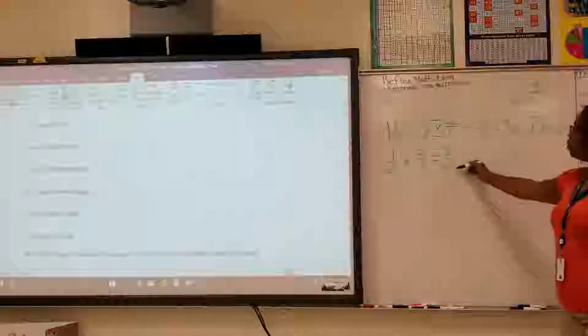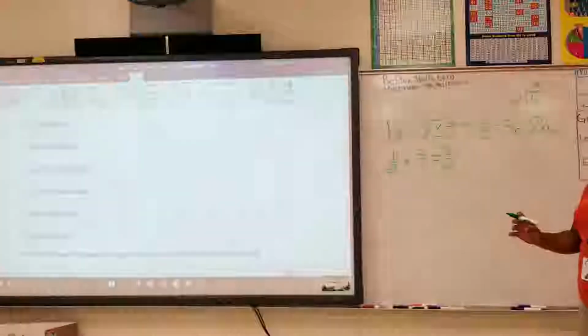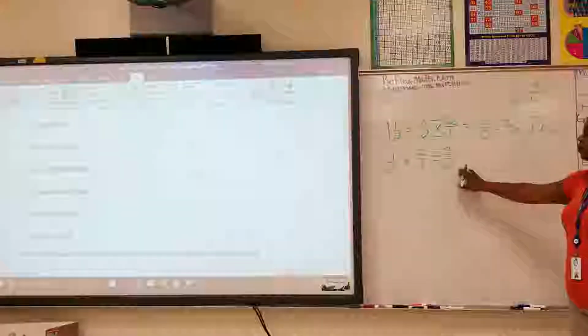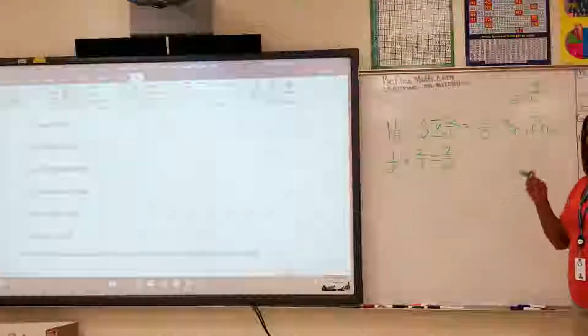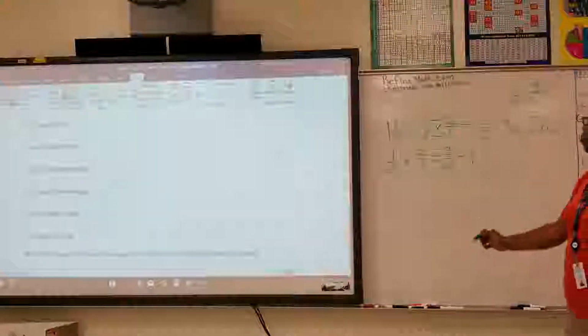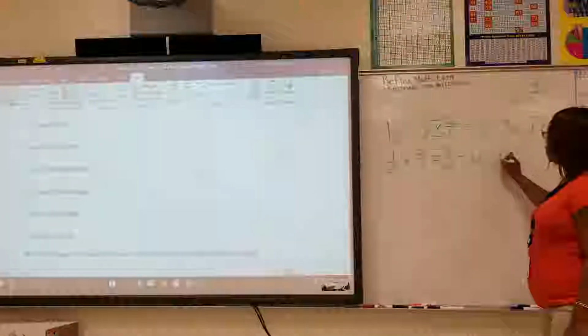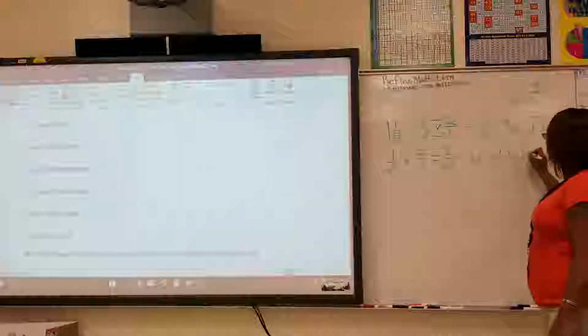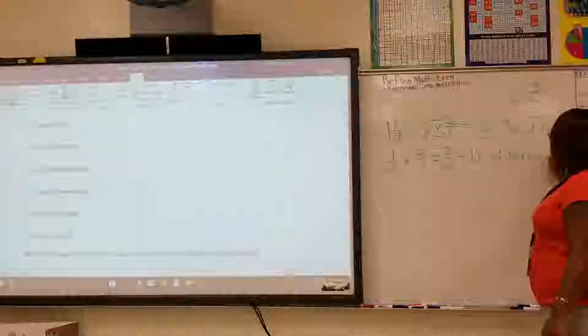Whenever we get 2/2, 1/1, 3/3, the same numerator for the same denominator, therefore it will equal 1 whole. So therefore we're using 1 cup of blueberries.